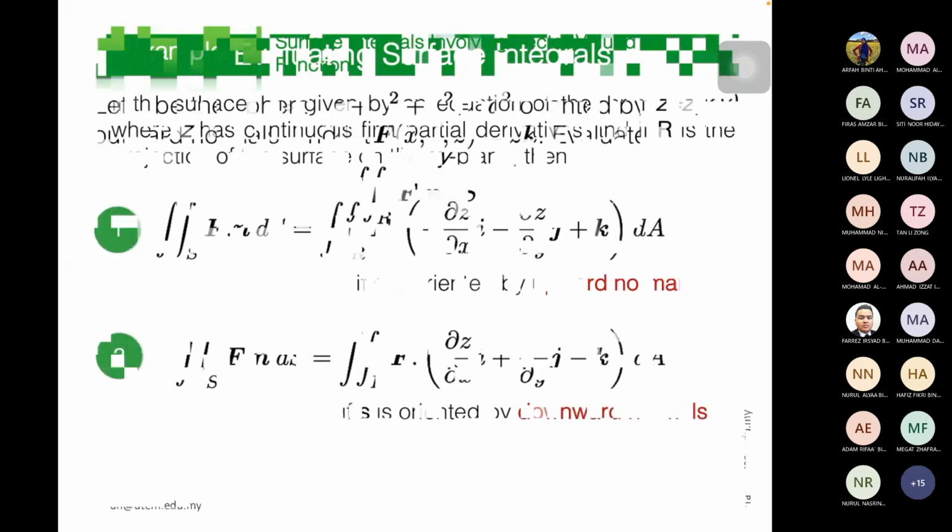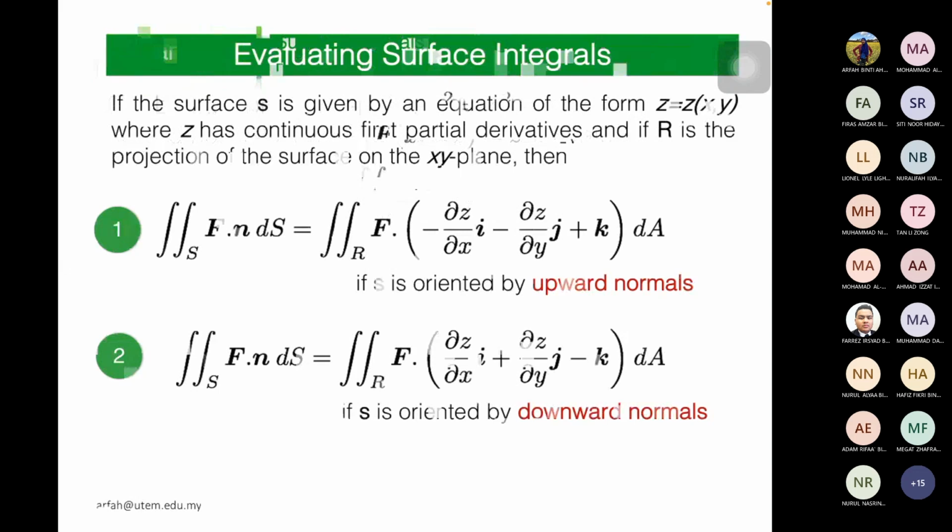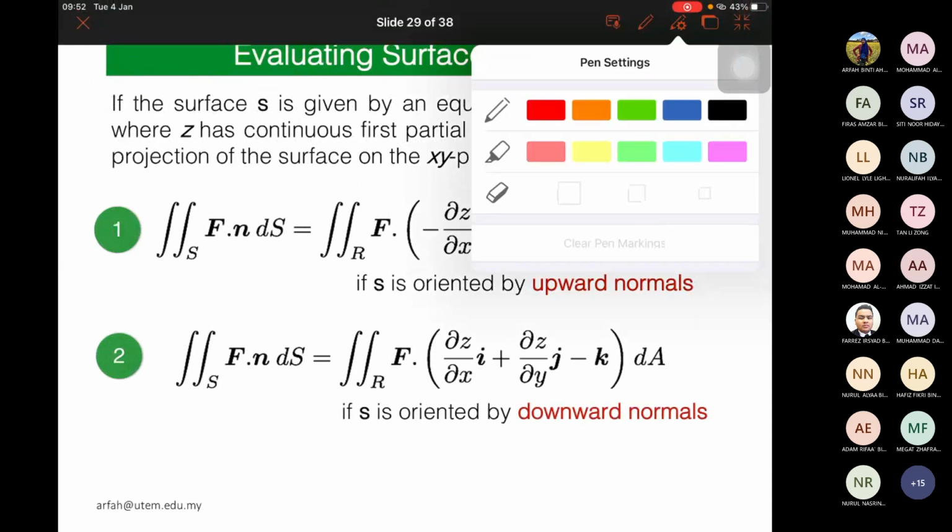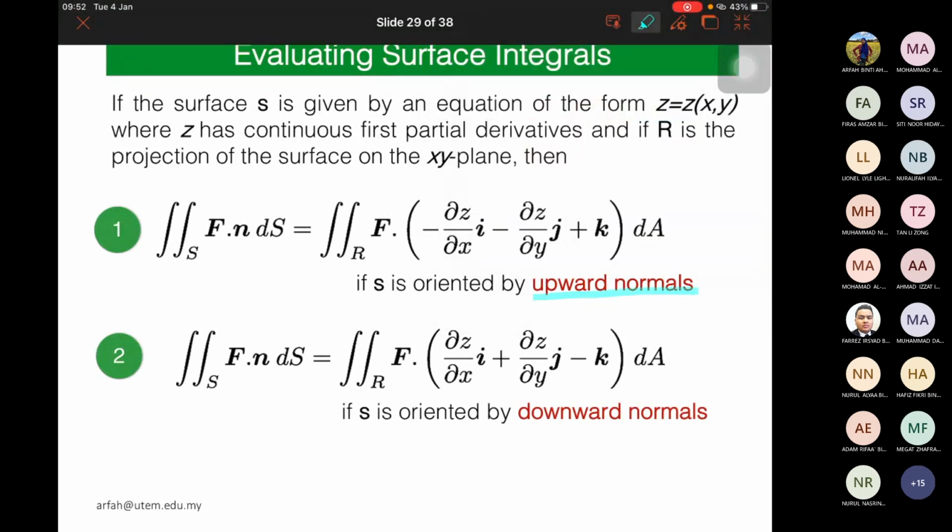Okay, so the difference is if it is oriented upward, you are going to have the positive k. So macam tadi, kalau dia upward kan, you are going to have the positive k unit normal vector. Okay, and if the surface is like this and then it is oriented downwards, then you are going to have the negative of k component.